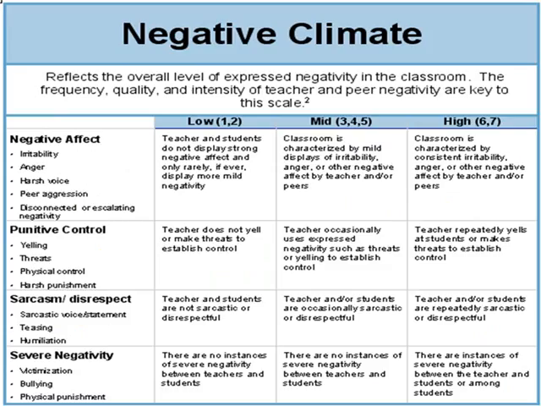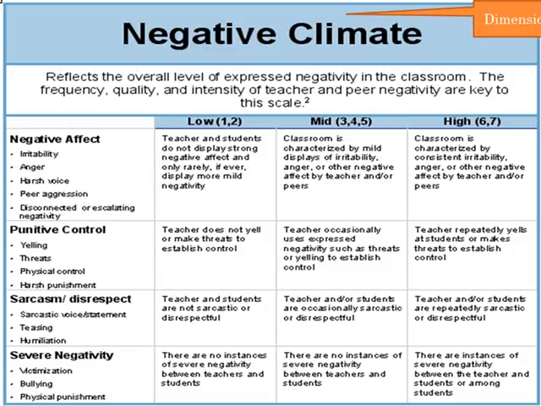All right. What's the dimension? Negative affect. Perfect. What are the behavioral markers? Yelling, physical control, punitive control, sarcasm, and severe negativity. Okay? So remember, this is the one where we want to have a lower score. And if you look over here, this is what the rater is going to be rating.